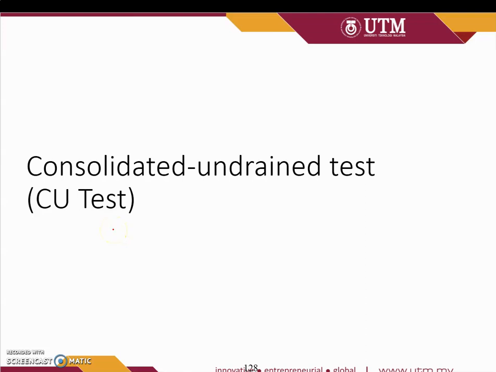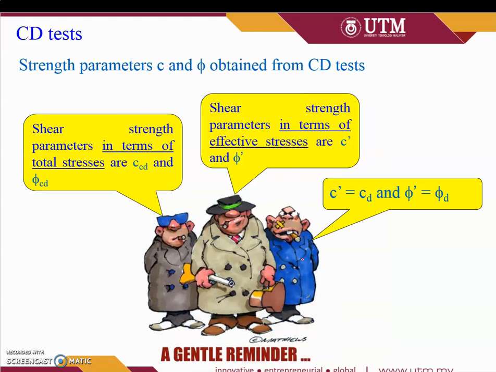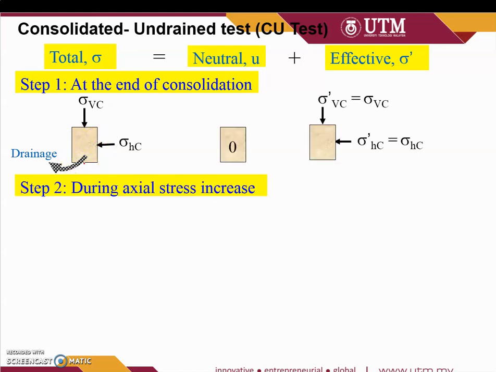For the CU, we know that during the first stage of consolidation, we will open the drainage. So we allow the dissipation of water from the soil sample, and we wait for the consolidation process. But when we continue the test, we add more load.